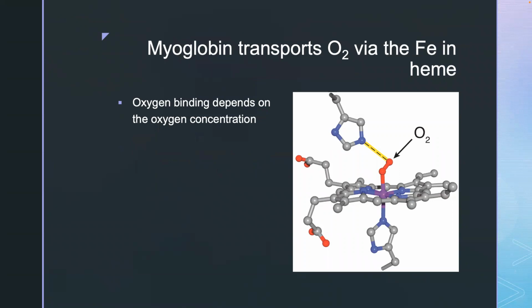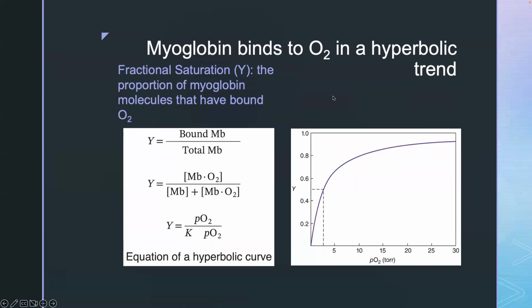And so the oxygen binding depends on the oxygen concentration. So the more oxygen you have, the more oxygen is going to bind. And so here, this diagram is just showing you oxygen that is going to come in and bind to this heme group. And so myoglobin binds oxygen in a hyperbolic trend. And so the functional saturation we call Y, and that is going to be the proportion of myoglobin molecules that have bound to oxygen.